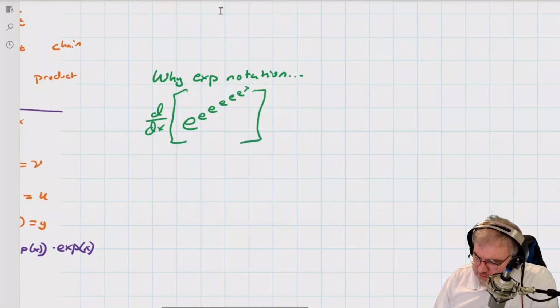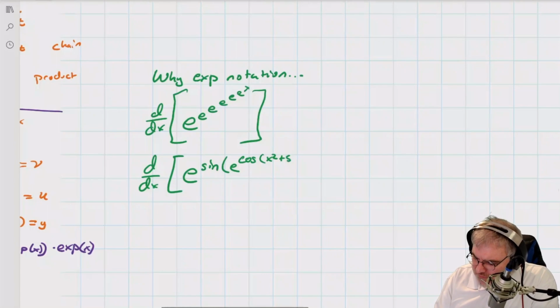Wait, what does that mean? How about this one? d over dx of e to the sine of e to the cosine of x squared plus 5.